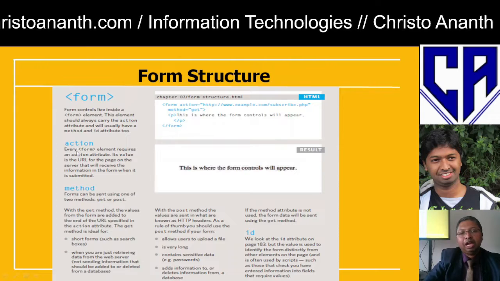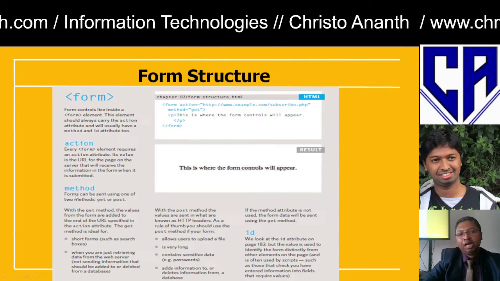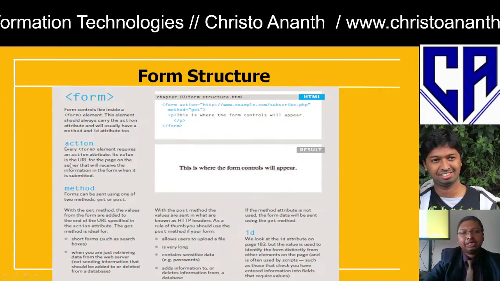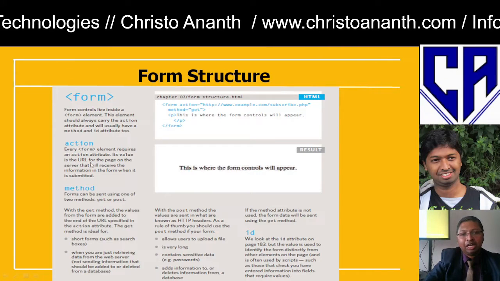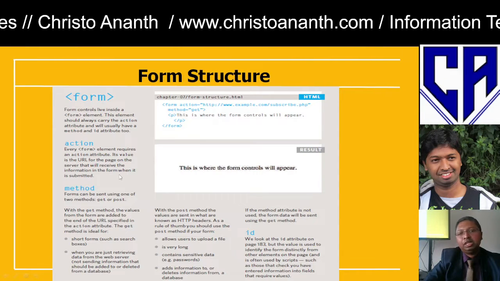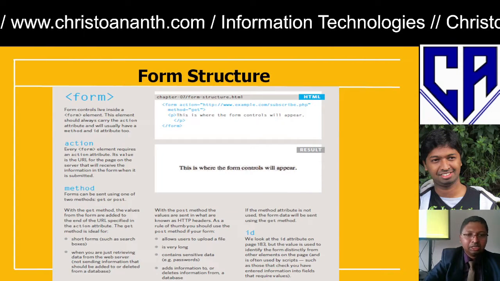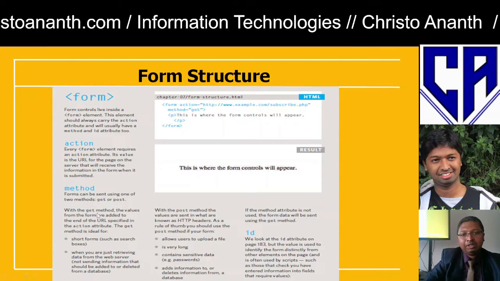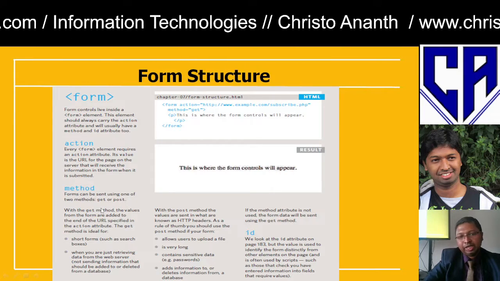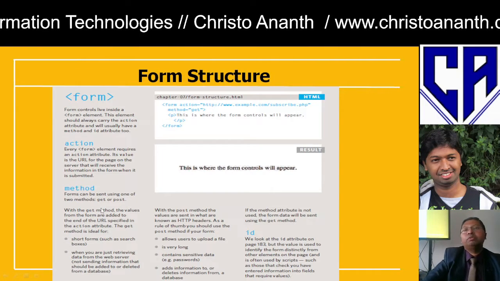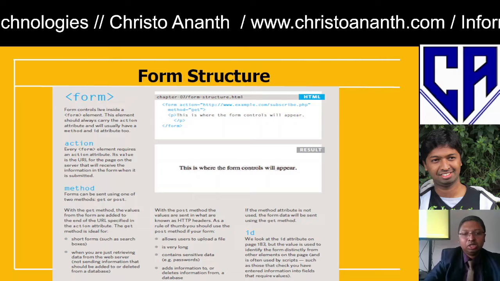So this is what it displays. This is where the form controls will appear. So here we will have like action attribute as well as method attribute. So the action attribute, we will have like a value for the page that will be receiving the user input, and then in the case of method, it will be having like get or maybe post. Get means you are getting the value from the user. That is nothing but the user input.